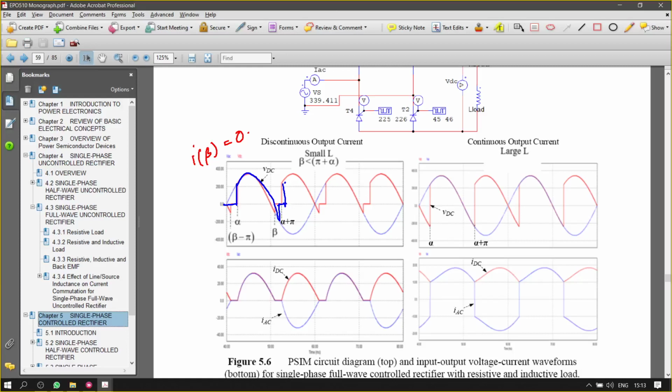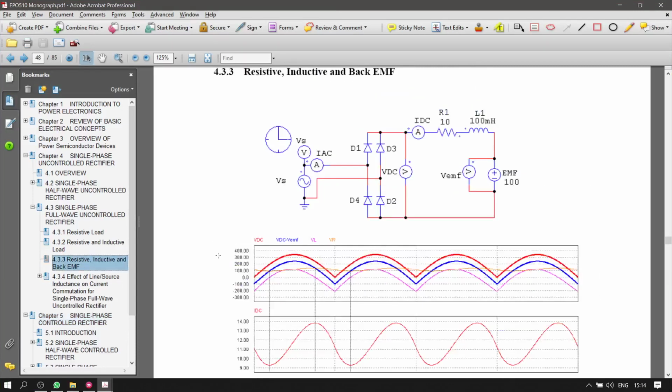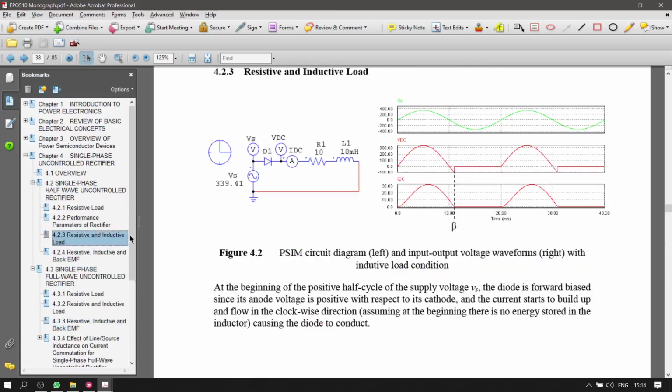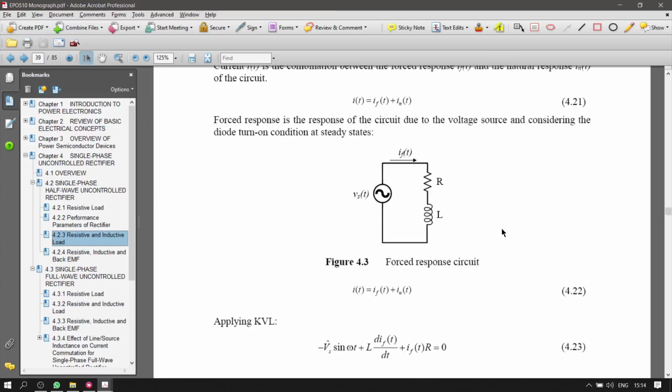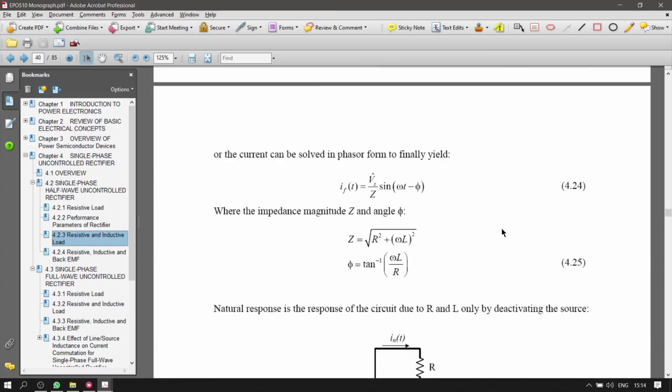Sorry, we'll go back to the single phase half wave rectifier with R plus L. Okay, this is R plus L. This equation here is uncontrolled, isn't it?